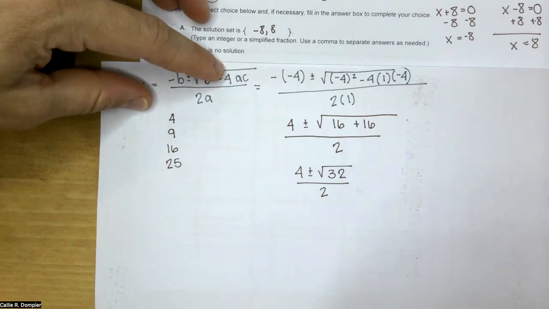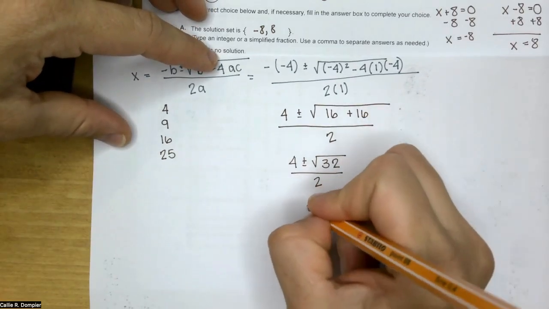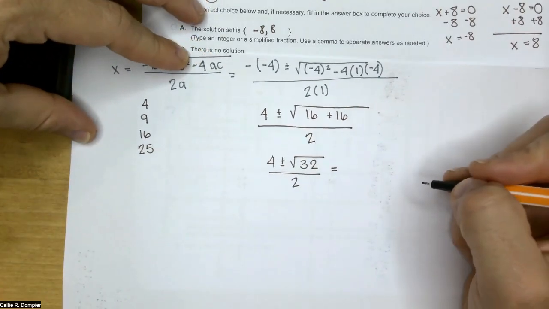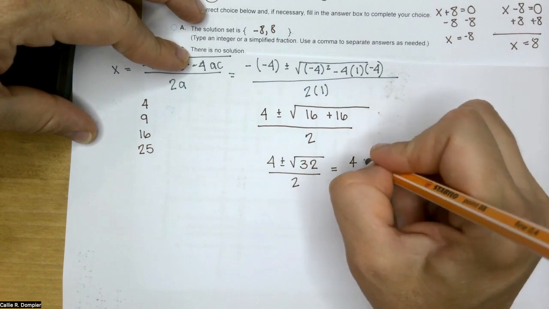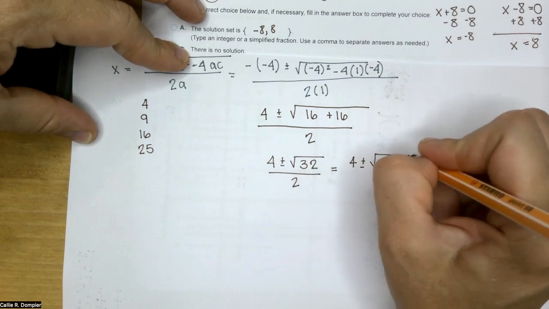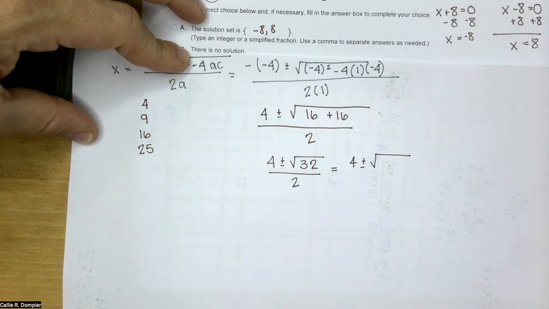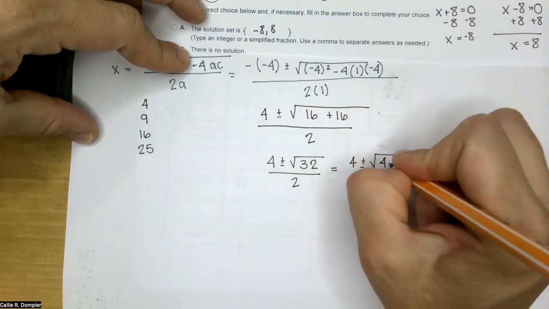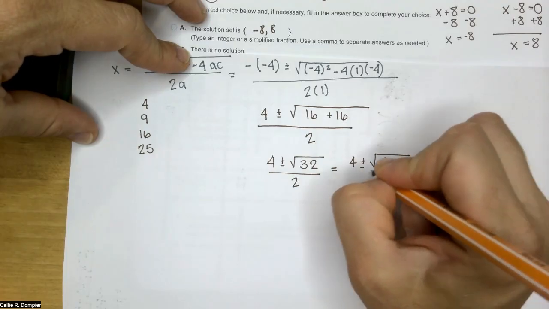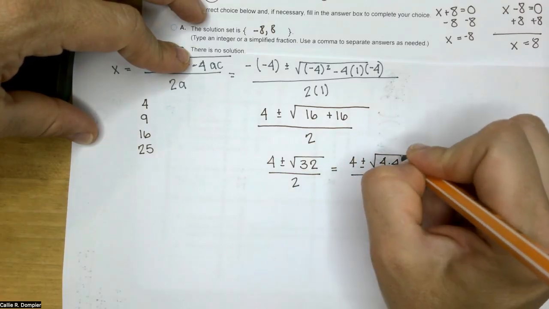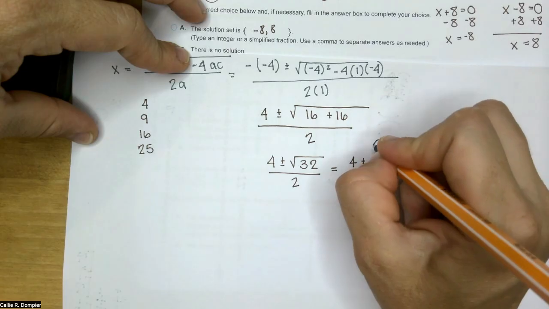Perfect. So this becomes 4 plus or minus the square root of 16 times 2, and 16 is 4 times 4, so 4 times 4 times 2 over 2. These come out.